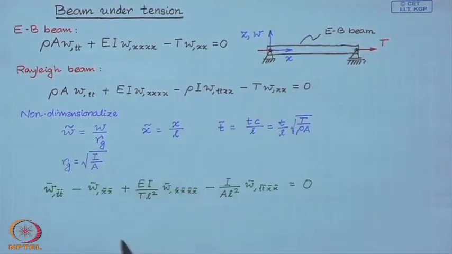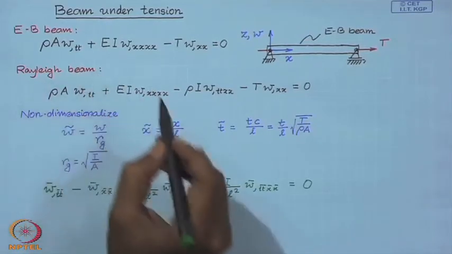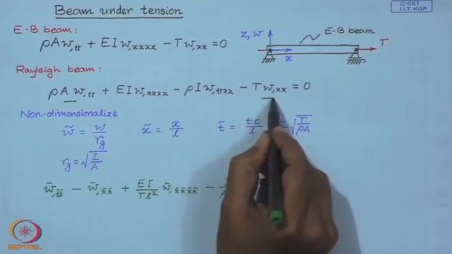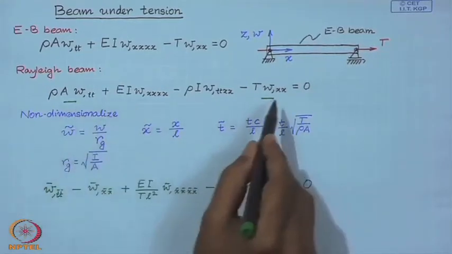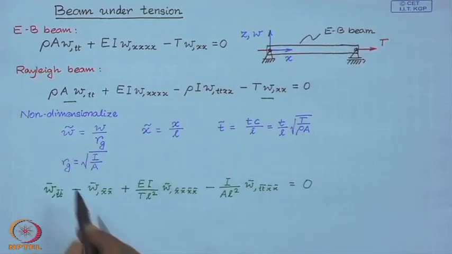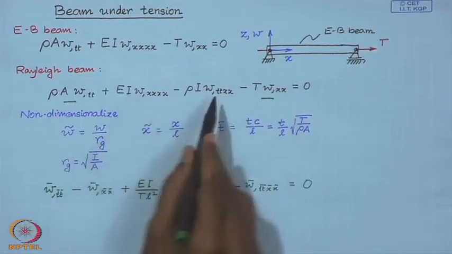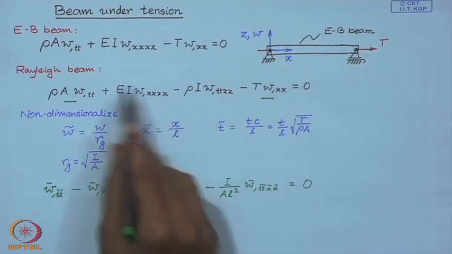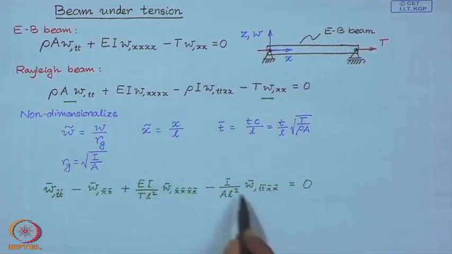Now you see that these two terms are from the string equation of motion, whereas these two terms are from the flexural stiffness and the rotary inertia.